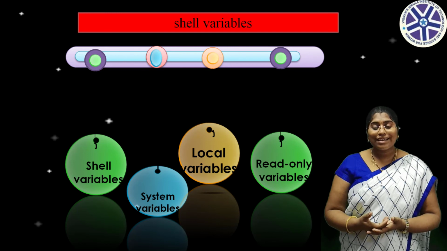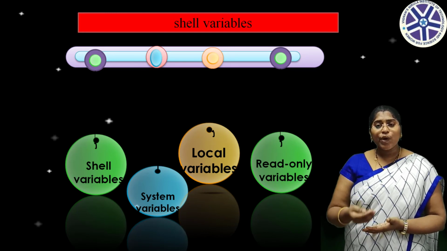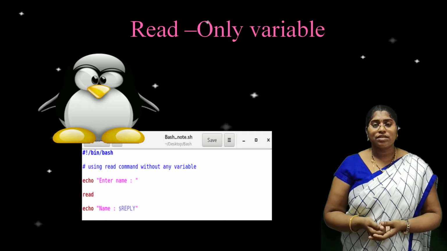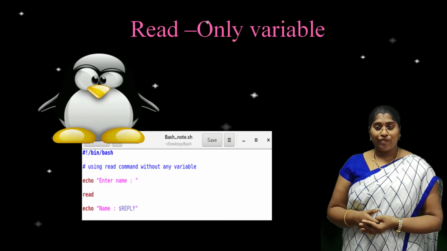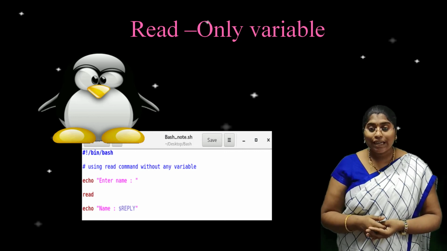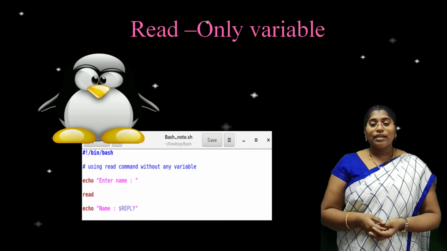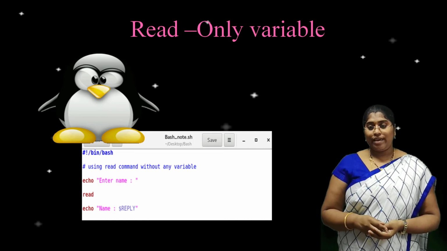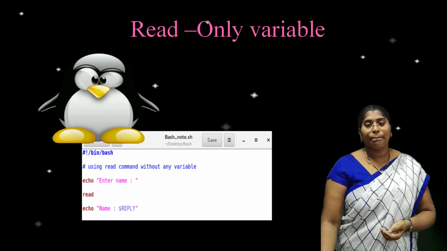That type of variable is called a read-only variable. These variables behave like a constant in the C language. Let's see this example. Here echo enter the value of x, first you read x, after that you read the value of x, and the next one is readonly x. So this is the read-only variable example.